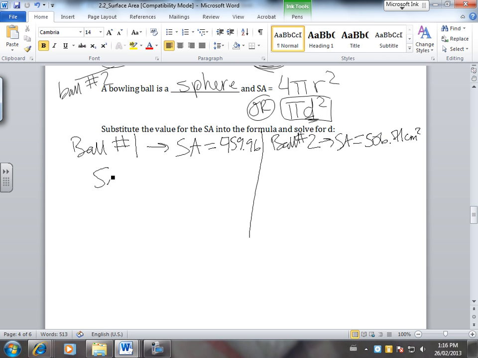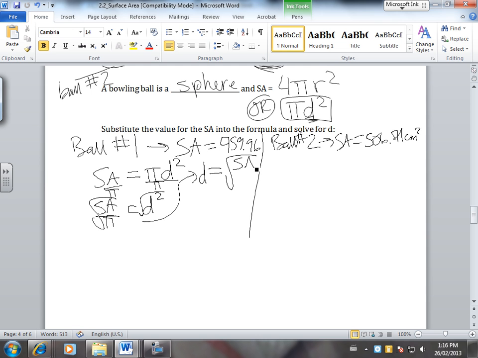So if we have surface area equals pi d squared, we'll rearrange to get d by itself. So I'll divide both sides by pi. So surface area divided by pi equals d squared. And then we'll square root to get d by itself. So we'll end up with d equals the square root of surface area over pi.